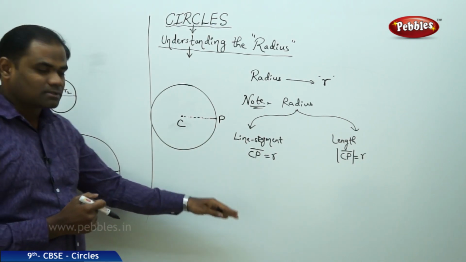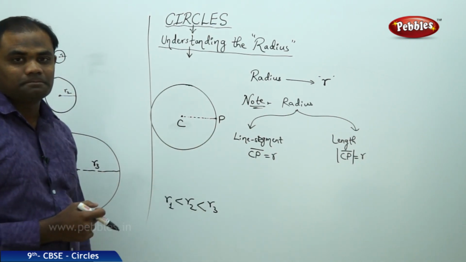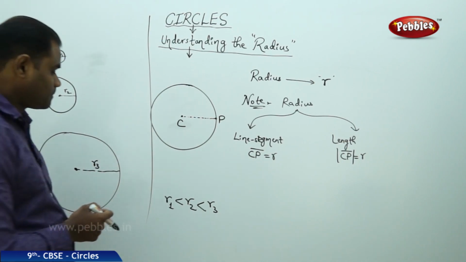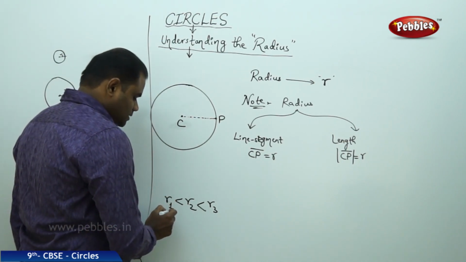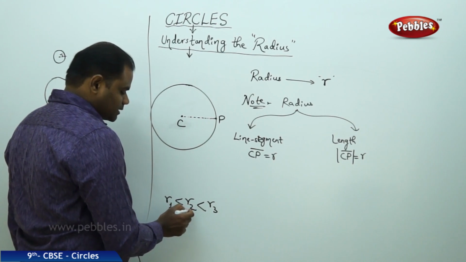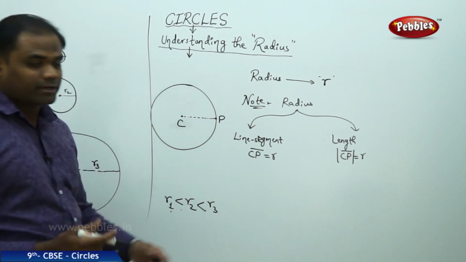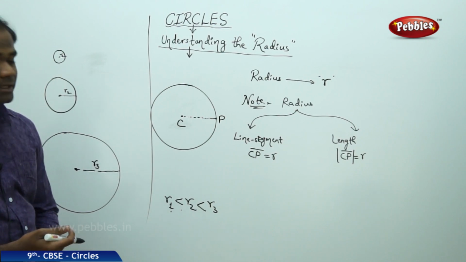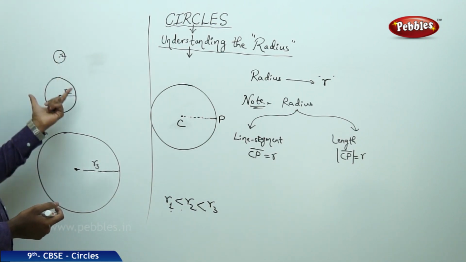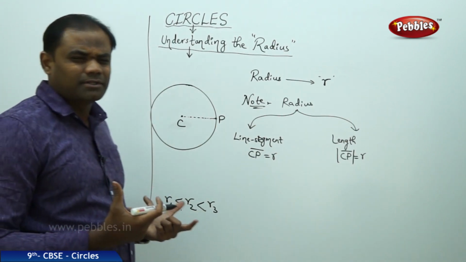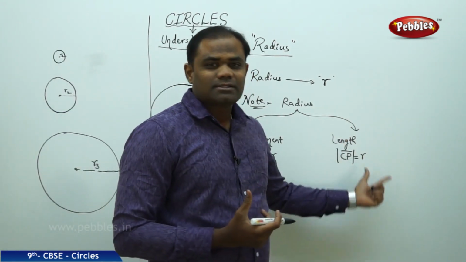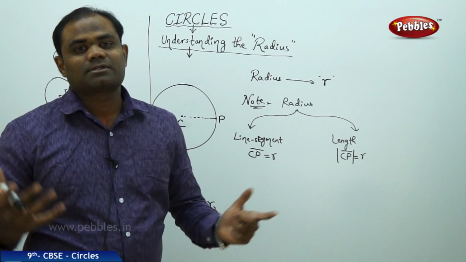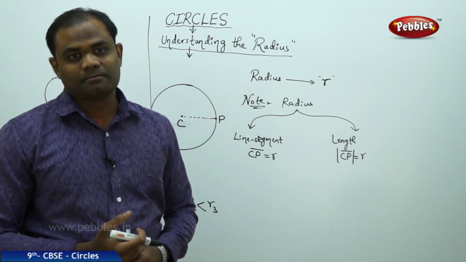This is how it comes in ascending order. So the radius of the first circle r1 is less than radius of the second circle r2, less than radius of the third circle r3. Therefore, I clearly understand that as the value of the radius increases, as the length of the radius increases, the circle becomes bigger and bigger.